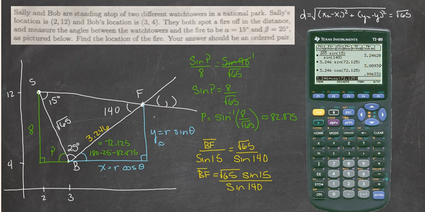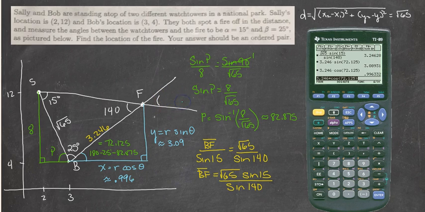So this is going to be 3.09. And then for x, I have 0.996. Now that seems kind of weird to me, but let's go ahead and put in the points and decide whether there's some logic to it.